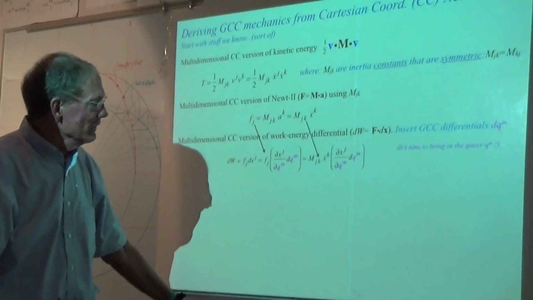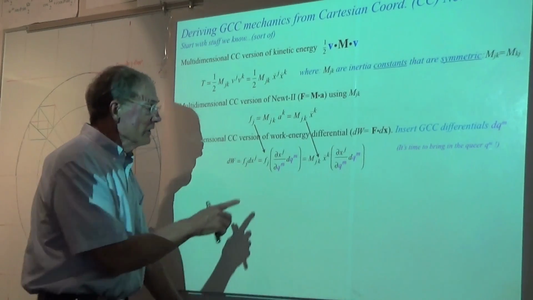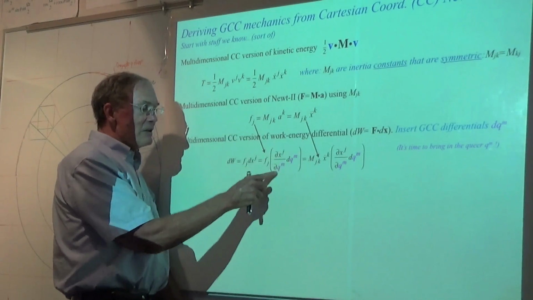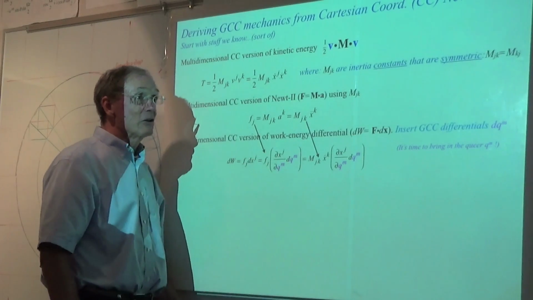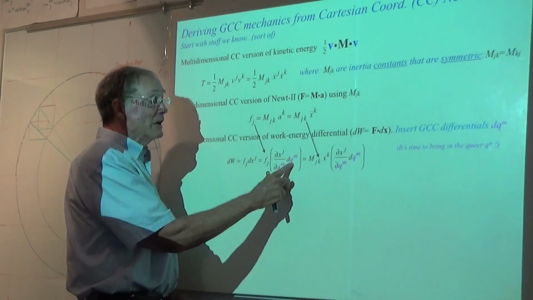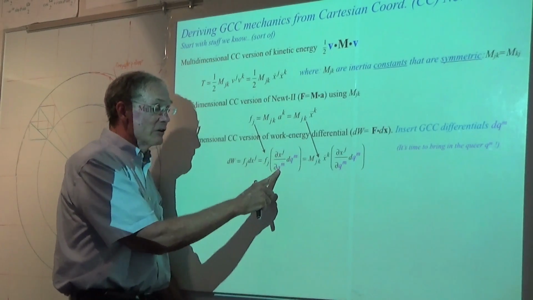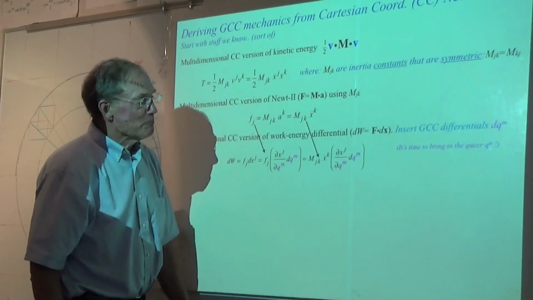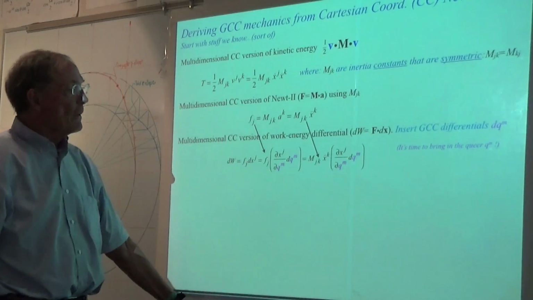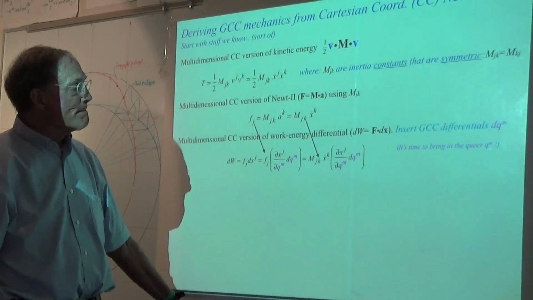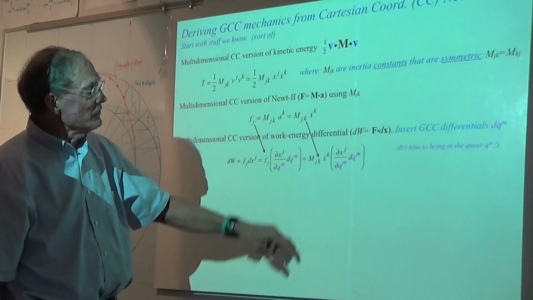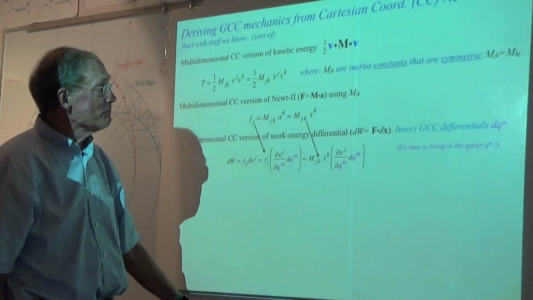I'm simply saying that dx has got to be this partial x with respect to q. That's the Jacobian as we've defined it, with x upstairs and q downstairs, summed over these q coordinates, and the Newton's acceleration goes there.